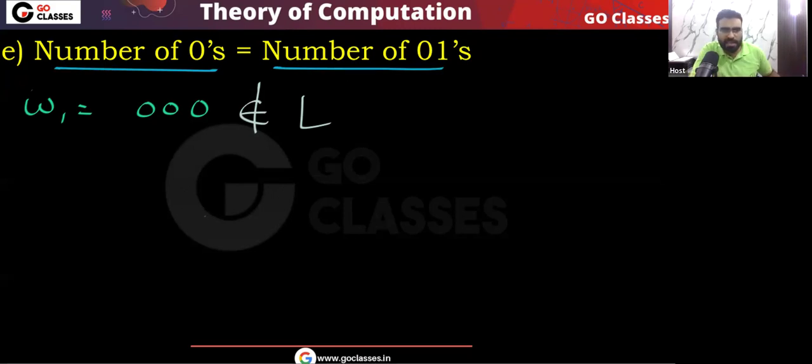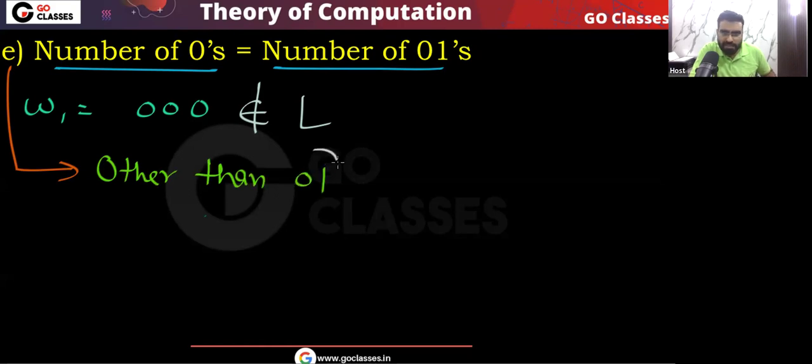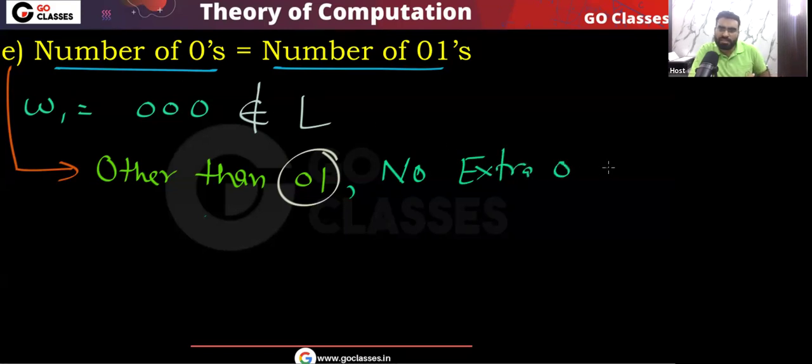So in this language, other than 01, no extra 0 can ever come. Is this point clear?